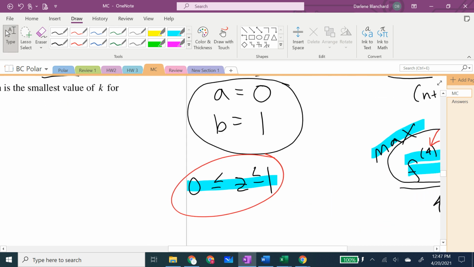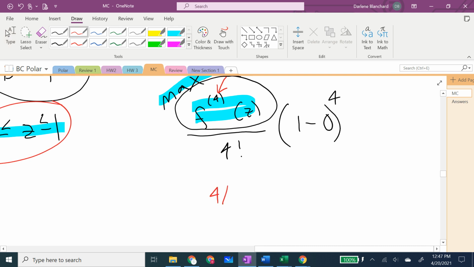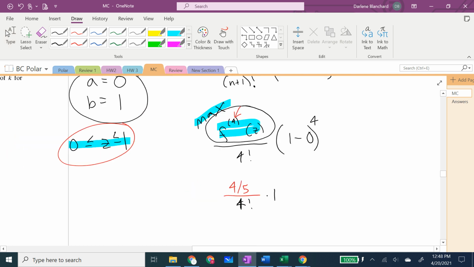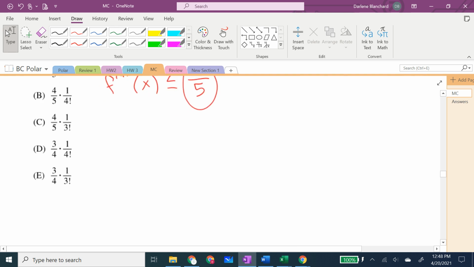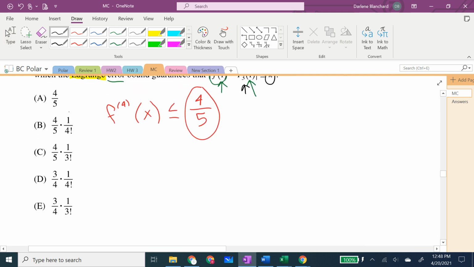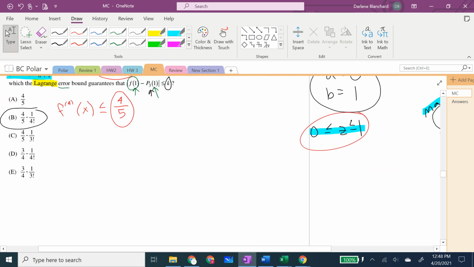I have nothing else to plug in, just that's 4/5. And then the rest of it, 4 factorial, and then 1 to the 4th power is just times 1. And now it's just a matter of finding the right answer. And that would be it.